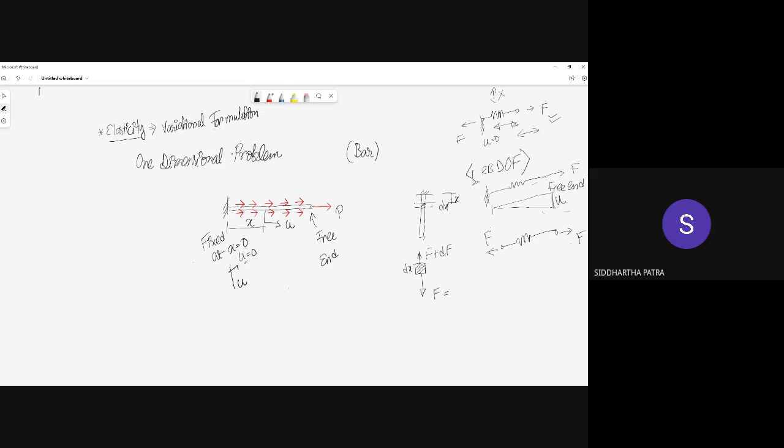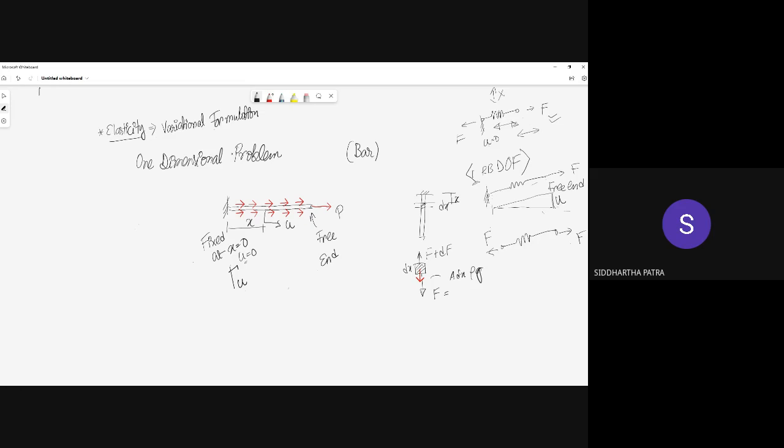and that F is essentially the weight of the bar that is remaining below, and then it is also acted on by its own weight, which is a times dx times rho times g, acting on it.